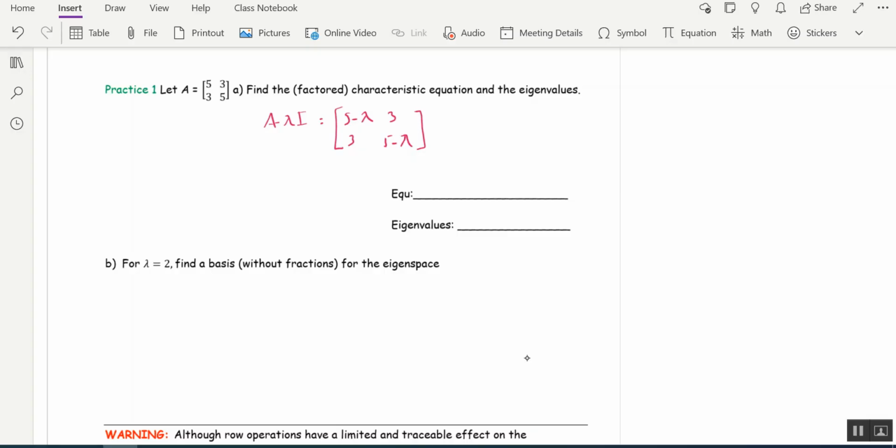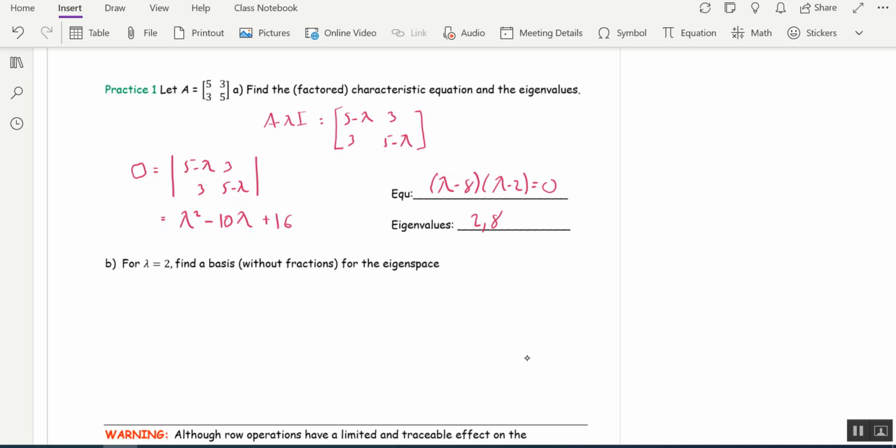So to find the characteristic equation, we're going to solve 0 is the determinant of that matrix. 5 minus lambda, 3, 3, 5 minus lambda, which is lambda squared minus 10 lambda plus 25, and then minus 9, so plus 16. All right, so factored, that's going to be lambda minus 8, lambda minus 2 equals 0. The order you put those factors in really doesn't matter, but our eigenvalues are 2 and 8.